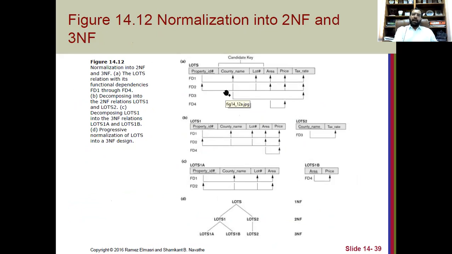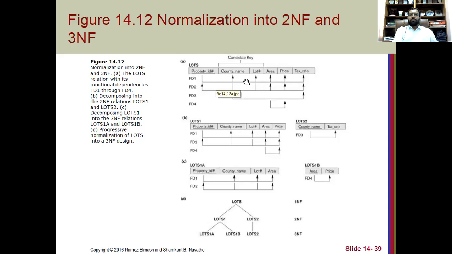Here we have a relation, LOTS, and LOTS has certain attributes: the property ID, the county name, the lot number, the area, the price, and the tax rate. The property ID determines the county name.